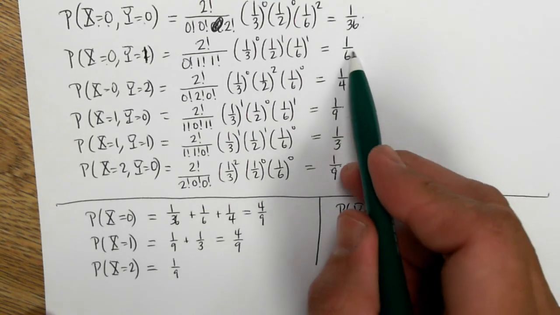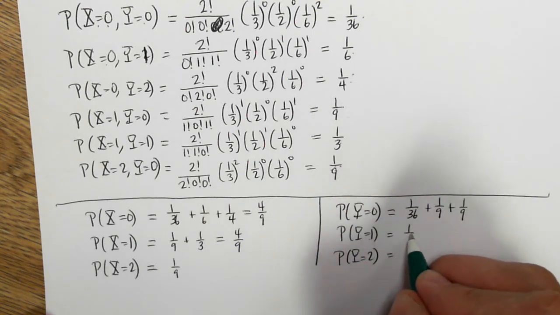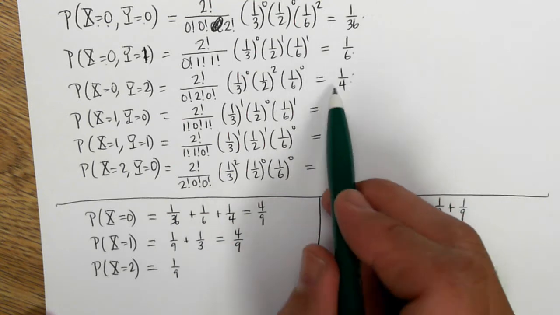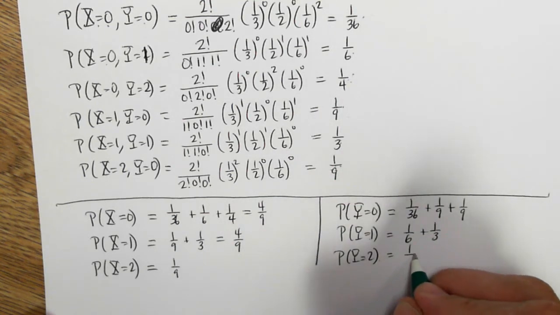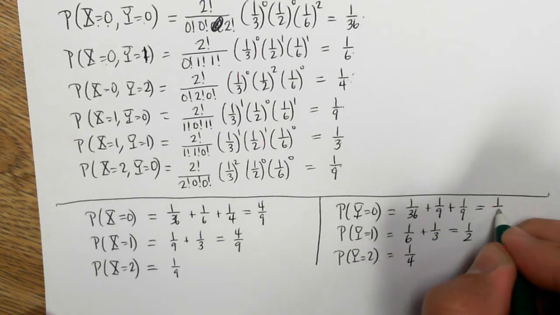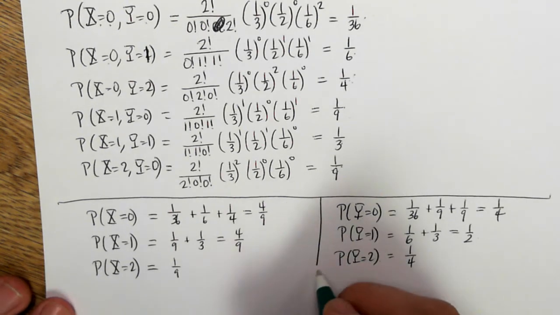Y equals 1 corresponds to this possibility, 1/6, and also this one here, 1/3. So a 6th plus a 1/3. And Y equals 2 would correspond to this third one, which would be just a 4th by itself. This works out to be 1/2, and that also works out to be 1/4. And so those are the marginal distributions for X and Y.